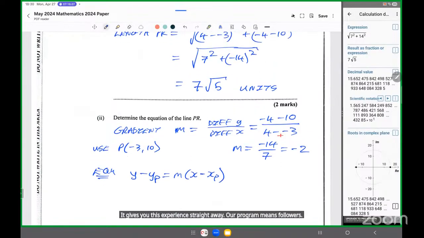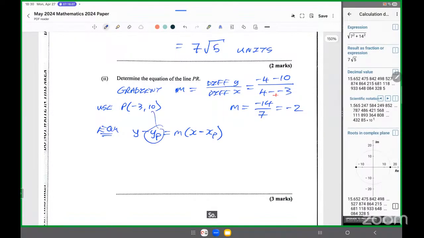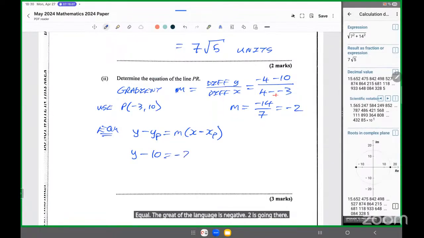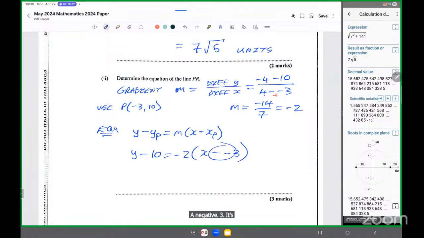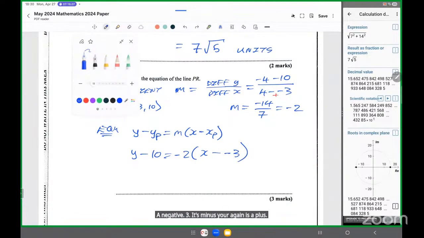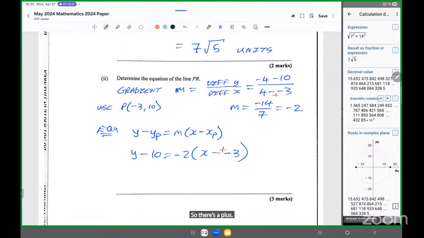So the y value at the point P is coming here, which is y minus 10 equals the gradient of the line, negative 2, times x minus the x value at the point, which is negative 3. So it becomes x minus a negative 3. This minus minus here again is a plus, so it becomes plus 3.